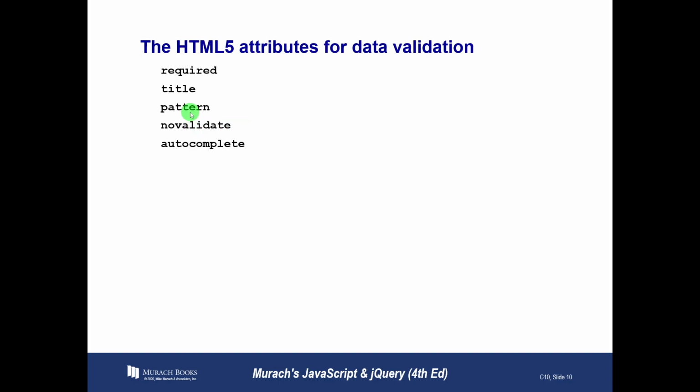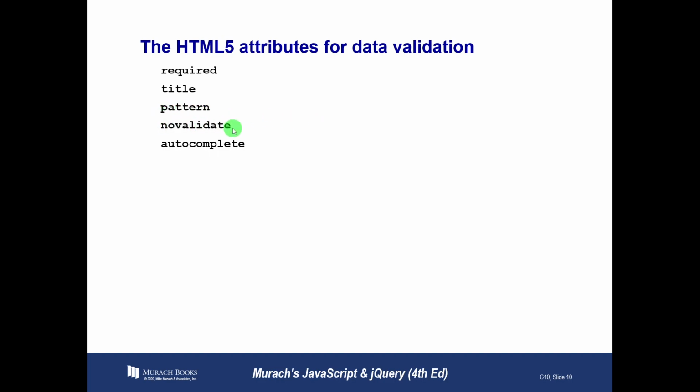Some more HTML5 attributes we can use whose purpose is for data validation. We have a required attribute, which will make that control required. We have a title attribute, a pattern attribute. We'll talk about that in just a second.